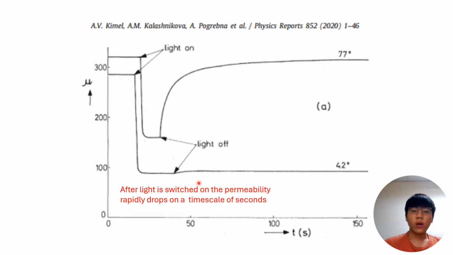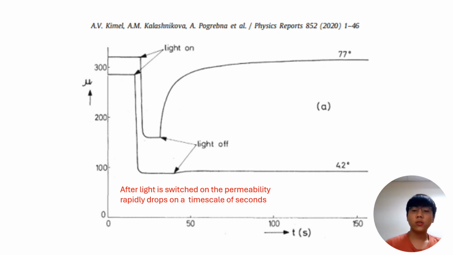So for this graph, instead of changing the anisotropy, the permeability of the spinel rapidly dropped on a time scale of seconds after the light is switched on. And at 77 kelvins, it is reversible, and usually you can recover to very close to its original value. However, at 42 kelvins, it has an irreversible effect.